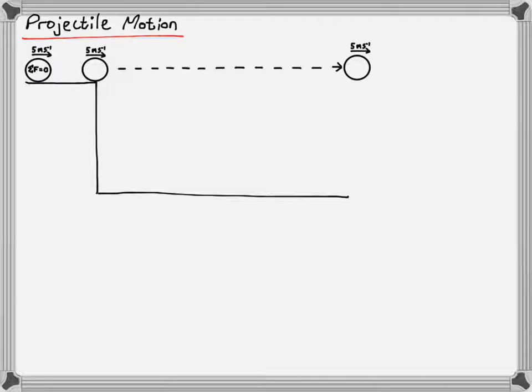Okay? So if there was no gravity, it would travel along this line, which we call the zero gravity line. In reality, this is what happens. This is because the stone has both a horizontal component to its velocity and a vertical component to its velocity as it's rolling off the edge of the cliff.